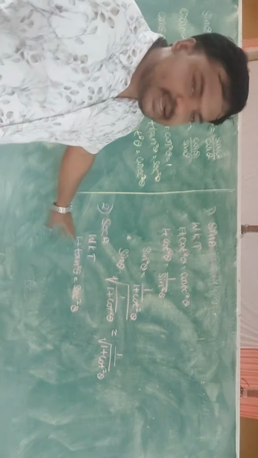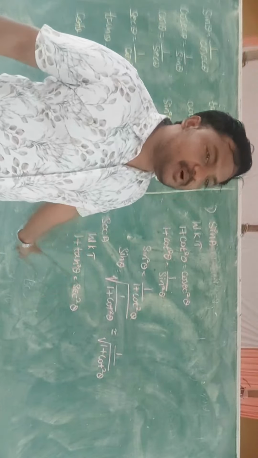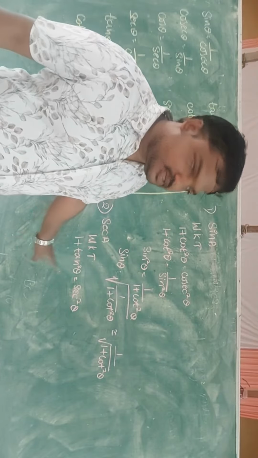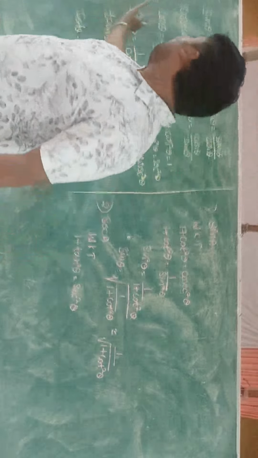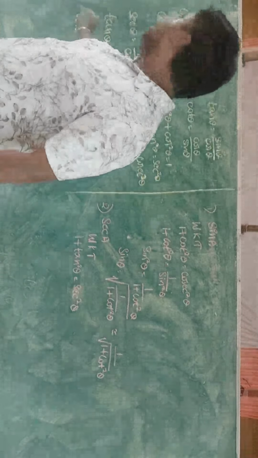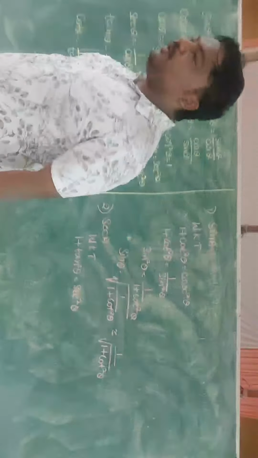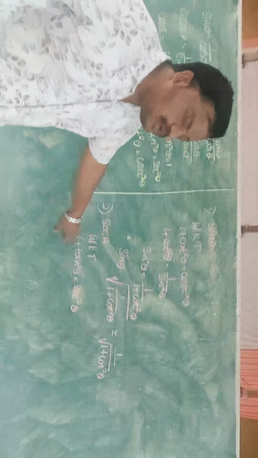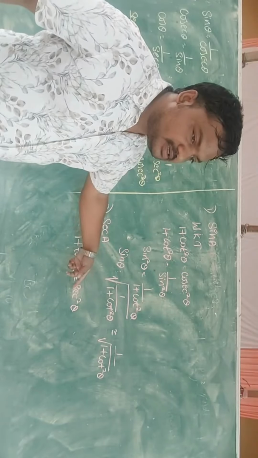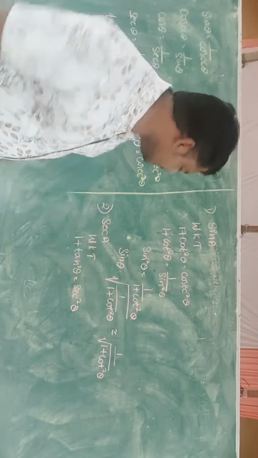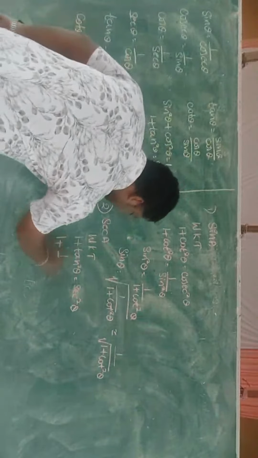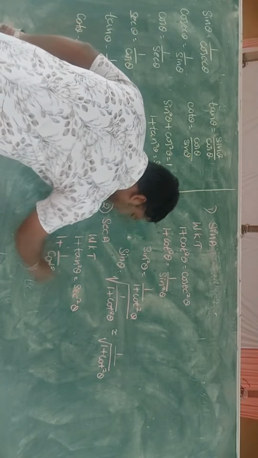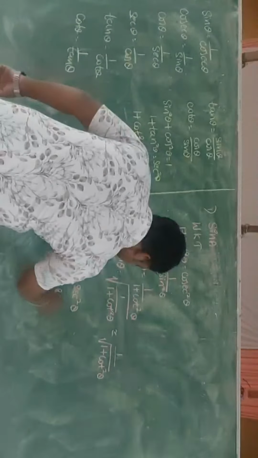But they asked to write in the form of cot, and this is in the form of tan. But we know one more relation: 1 upon cot theta is equal to tan theta, and cot theta is equal to 1 upon tan theta. So this tan you can write in the form of cot, as tan is the reciprocal of cot. So 1 plus 1 upon cot square theta is equal to sec square theta.